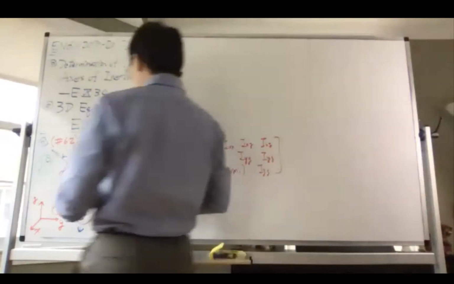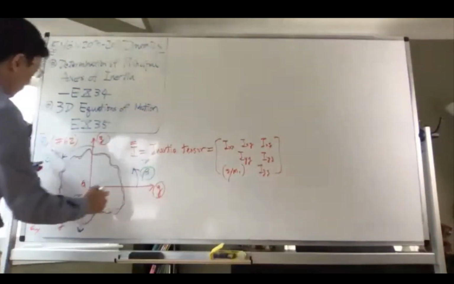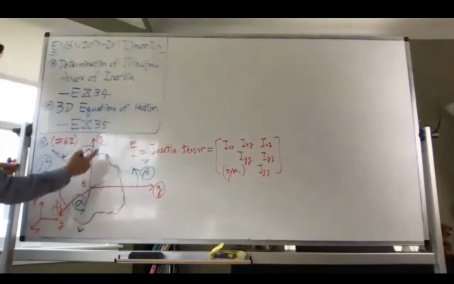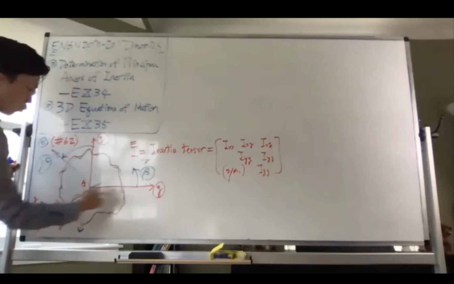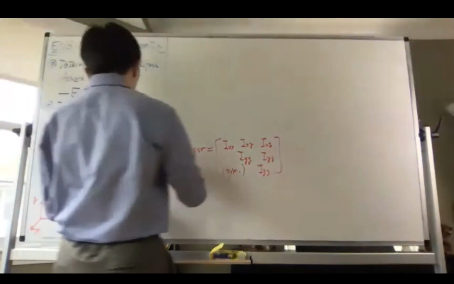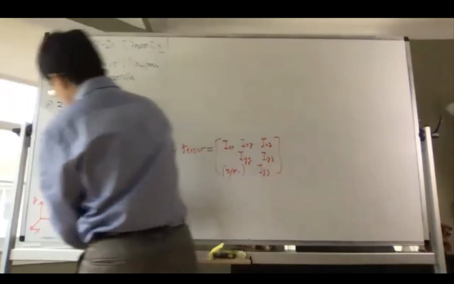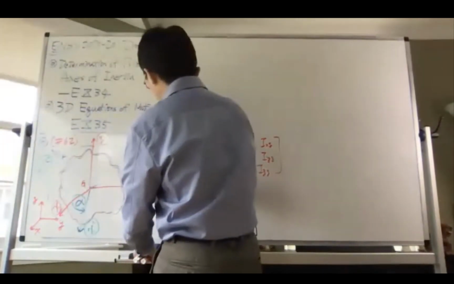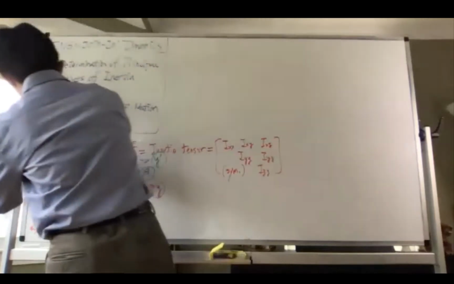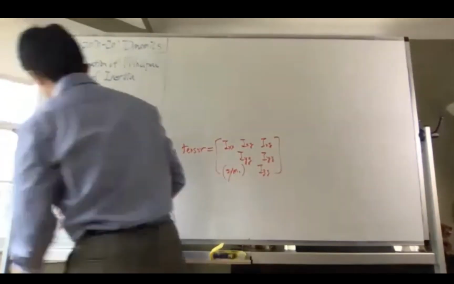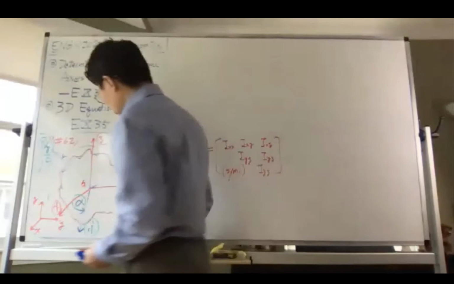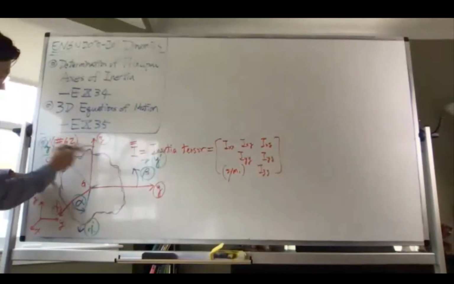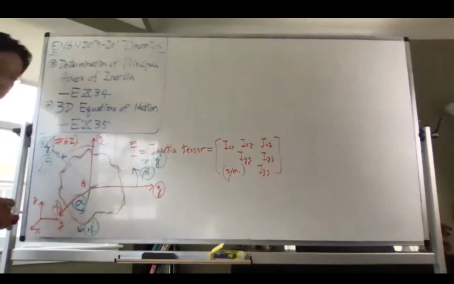So let's say that we don't know this angle. We don't know alpha, beta, and gamma, but we know that the angular relations between an arbitrarily selected x, y, z and the principal axis, which you can call x prime, y prime, and z prime, are measured by this angular difference, which is alpha, beta, and gamma.